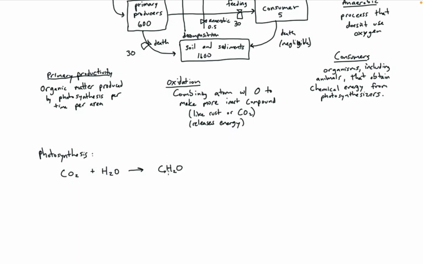Why don't I use the same thing we did before? Or photosynthesis actually involves many different kinds of carbohydrates, and oxygen gas. Okay, so that's the chemical reaction that is going on with primary productivity.